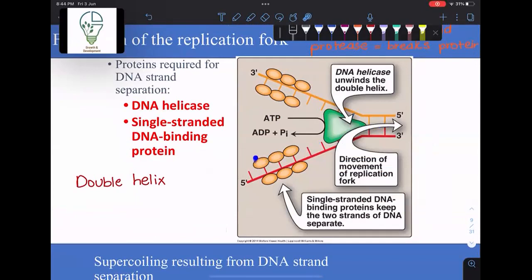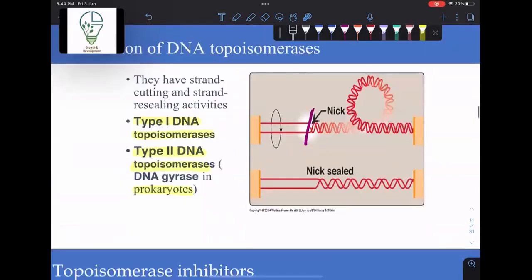Once it's reached here, that is when it's going to start adding new nucleotides and start making this double helical structure. So it makes the new DNA molecule from the 5 to 3 end, but it reads the DNA from the 3 to 5 end, okay?